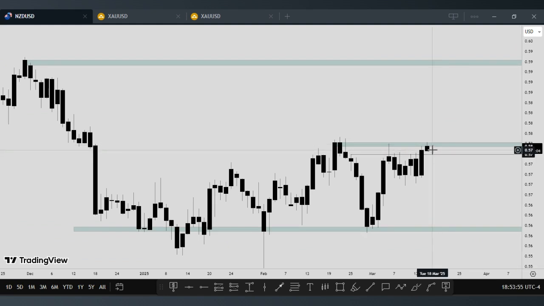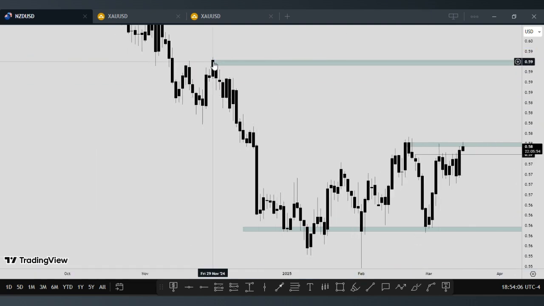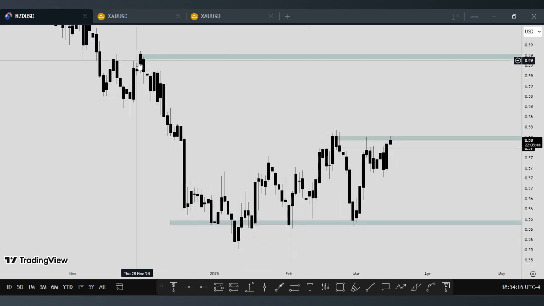If this level is broken, the next point of call will be this resistance level, which initiated the volume drop since November 29 and ended on January the 10th. So this is like a month of downward price movement, and we might be heading back into that level.